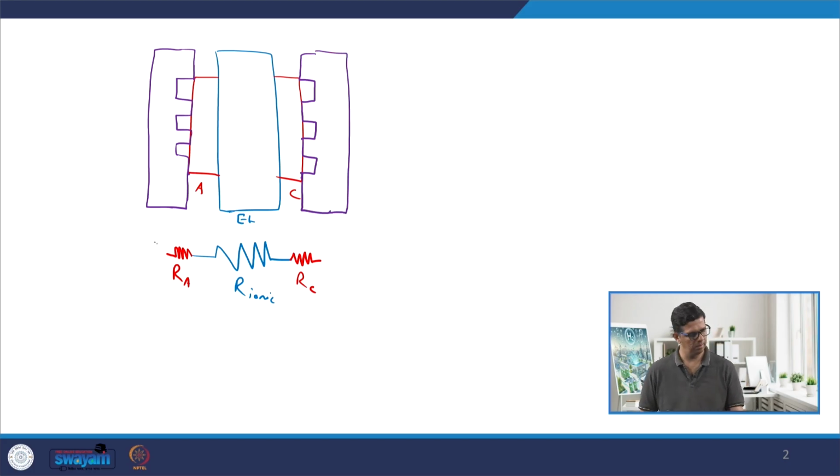I am going to draw the material resistance of this bipolar plate. So this is our bipolar plate anode, bipolar plate cathode.